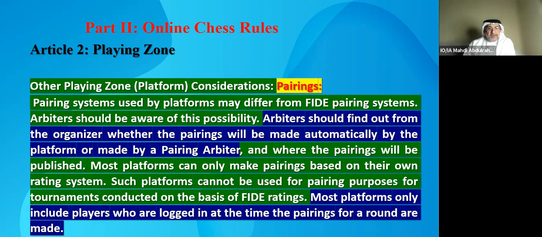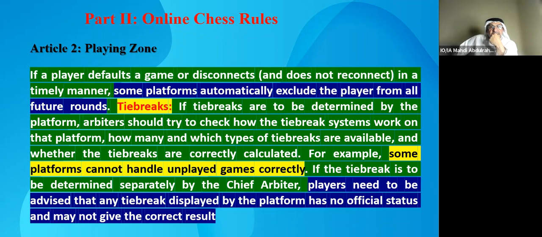Most platforms only include players who are logged in at the time the pairings for the round are made. So in this case, if a player defaults a game or disconnects, here is the problem. What shall we do? And he cannot reconnect again. So whose responsibility? The player's responsibility. The organizer cannot be responsible for a disconnect.